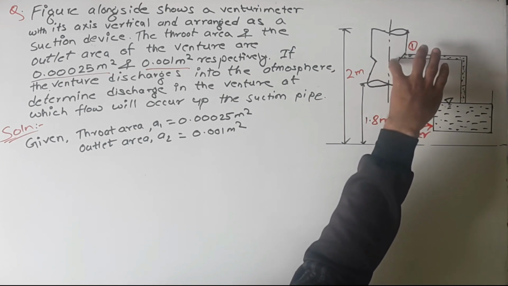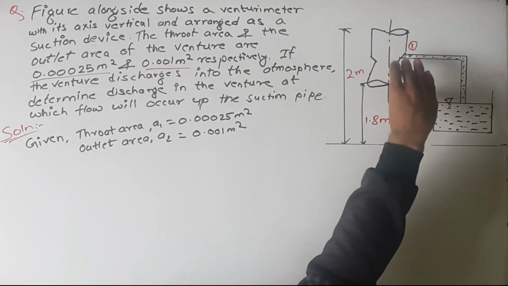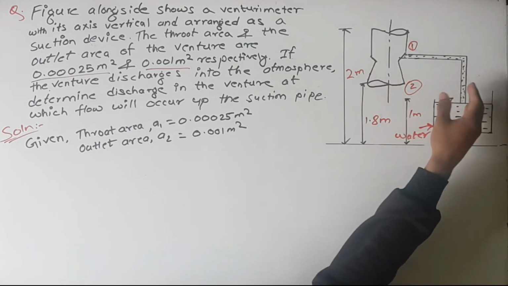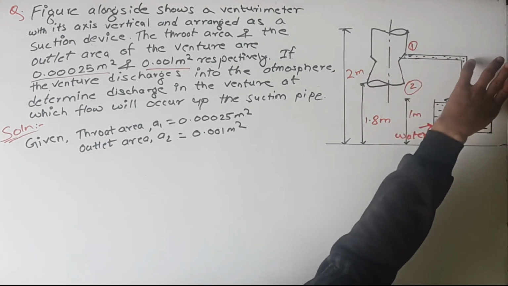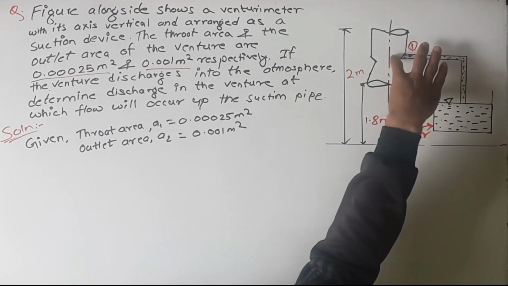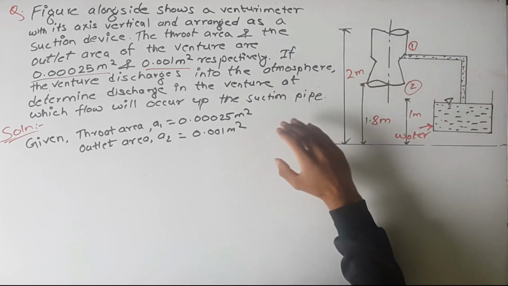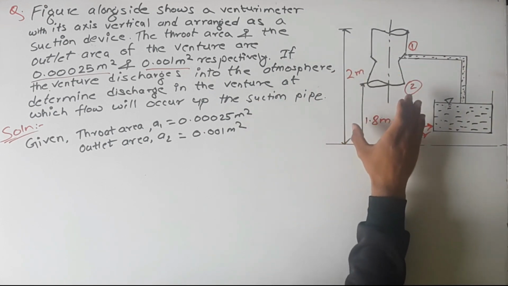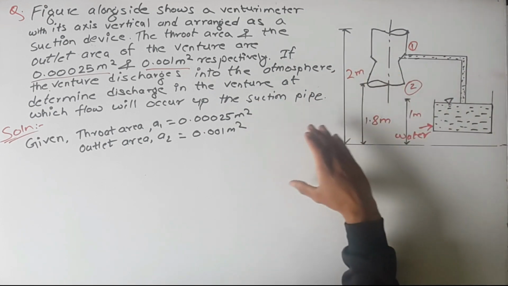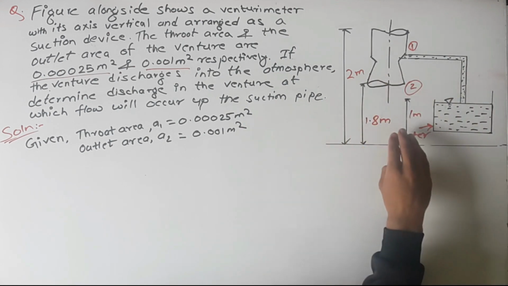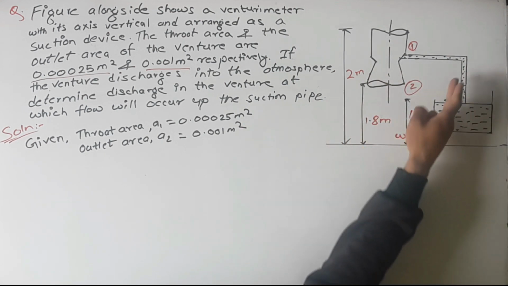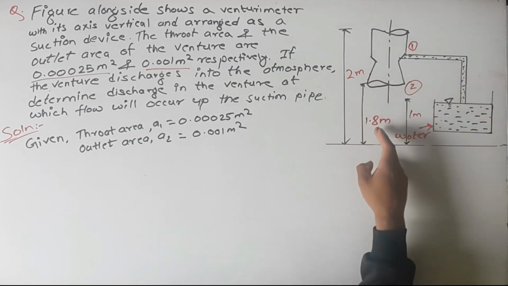If we create a pressure difference here, the liquid will flow from this low pressure to high pressure. This pressure difference must be high. And another is to tilt. This is not the appropriate way. If we tilt, the liquid discharges from here due to conversion of gravitational energy into kinetic energy.